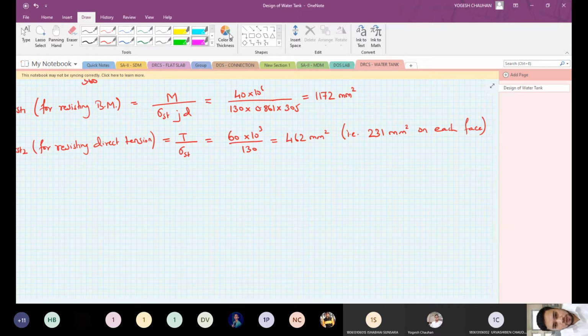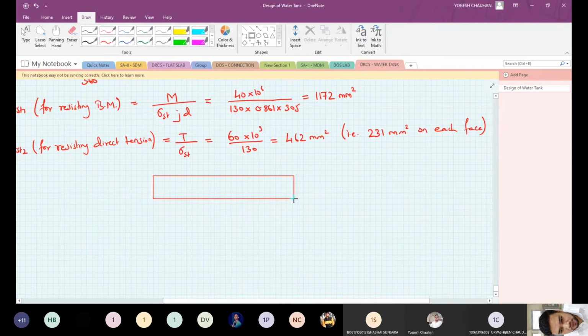So let us draw a section of the tank. If this is the section, our overall depth is 360. Let us say it is subjected to a sagging moment.